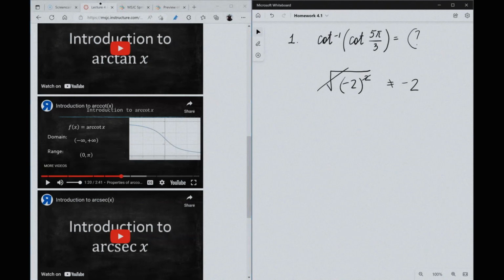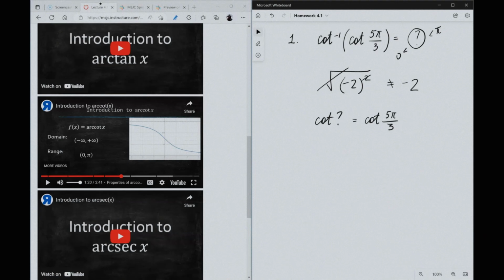So we expect whatever this number is to be between 0 and pi. So we're looking for some value whose cotangent is, well, it's fair to say we can label it as theta, but it doesn't matter. So we're looking for theta whose cotangent is equal to cotangent of 5 pi over 3, but the angle itself is between 0 and pi.